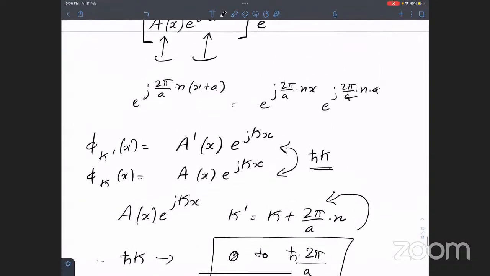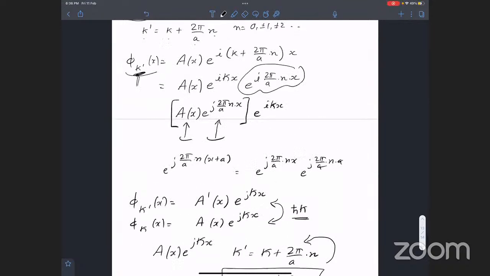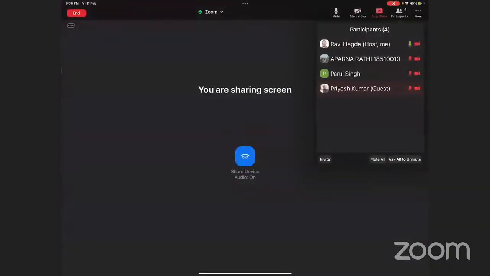It is coming into play because of this unique mathematical property of a Bloch wave function, that if I have a k vector that is equal to k plus 2 pi by a into n, that lies outside the first Brillouin zone, I can always find an equivalent wave function inside the first Brillouin zone.